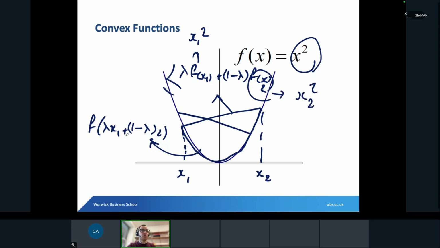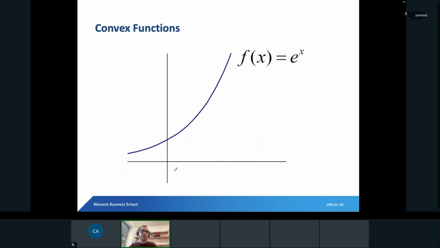And f of this one becomes (lambda x1 plus (1 minus lambda) x2) to the power 2. If you just open it up, at the end of the day, you will have something which is mathematically obvious, something that we can accept. If you want, just try this at home if you have time. But on Wednesday, as I said, we will work on this one.